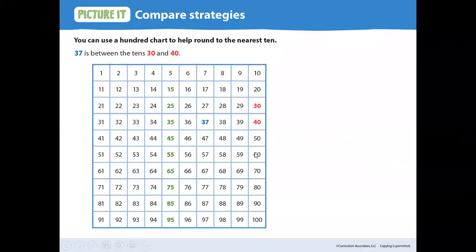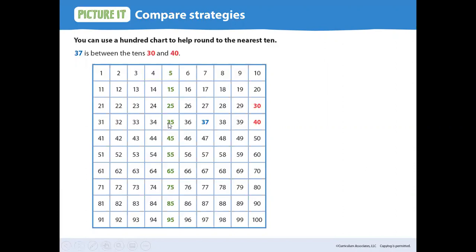Another way that can help us round to the nearest 10 is using a tens chart. We have our tens column here. We have 10, 20, 30, 40, 50, 60, 70, 80, 90, 100. We see that 37 is between 30 and 40. We see these green numbers.